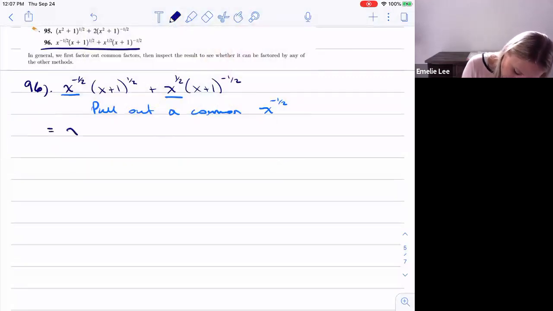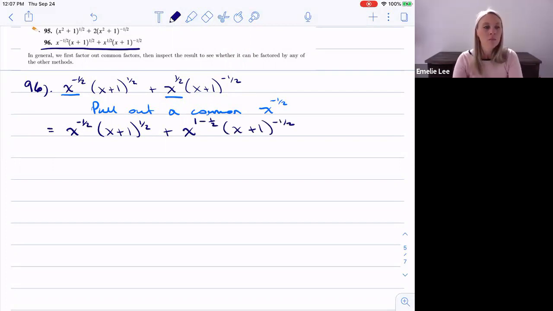So this becomes x to the negative 1/2 times x plus 1 to the 1/2 plus x to the power of 1 minus 1/2 times x plus 1 to the negative 1/2, remembering that if we've got adding or subtracting up here in the exponent, then I'm multiplying the same base down here.